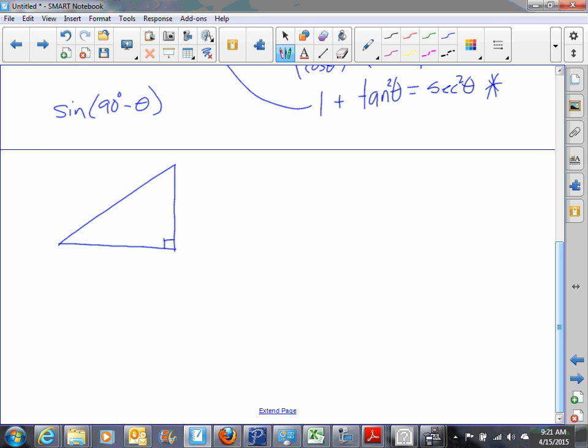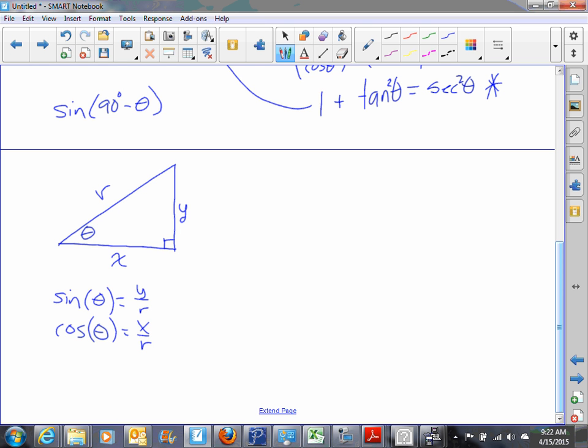If we have a right triangle, and let's let this be theta right here, then this would be y, this would be x, and this would be r. And we know that the sine of theta would be y over r, and the cosine of theta would be x over r.